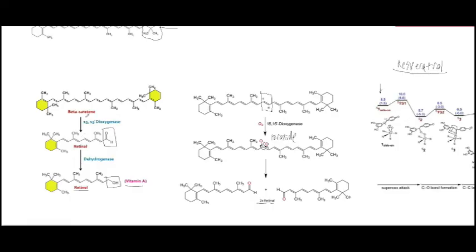And so this is something that humans can do. That's why beta-carotene is a source of vitamin A, because humans can go through these enzymatic processes and turn beta-carotene into vitamin A. We just cannot do these right here. We cannot turn geranylgeranyl pyrophosphate, or diphosphate, whatever you want to call it, into beta-carotene.